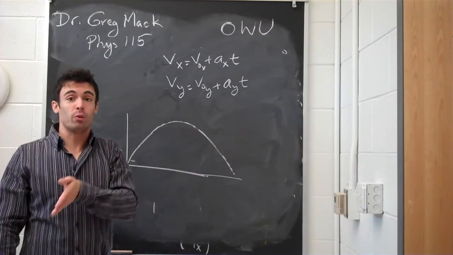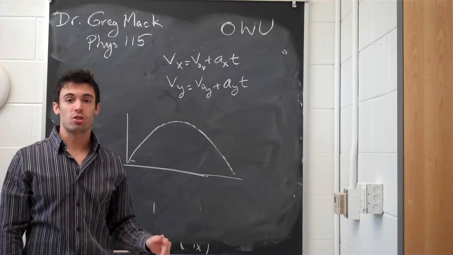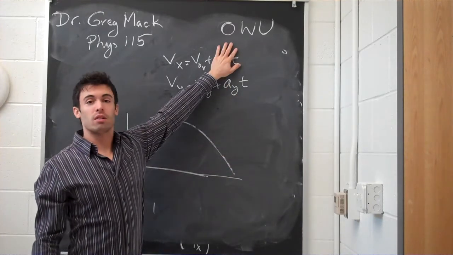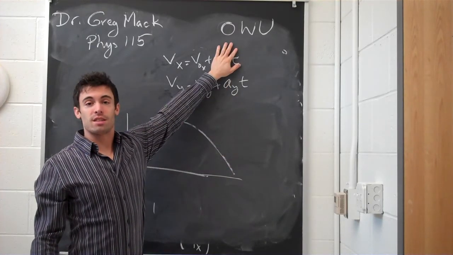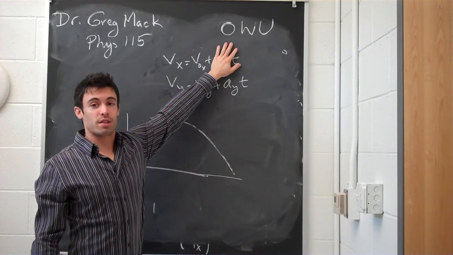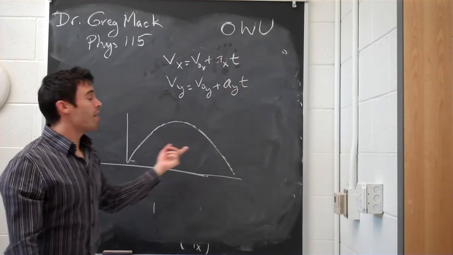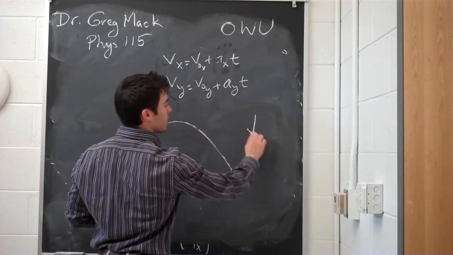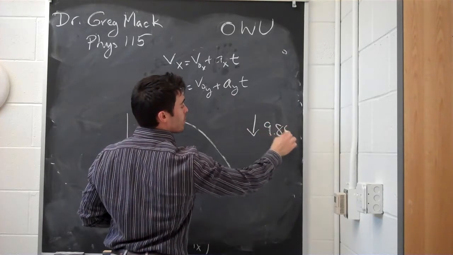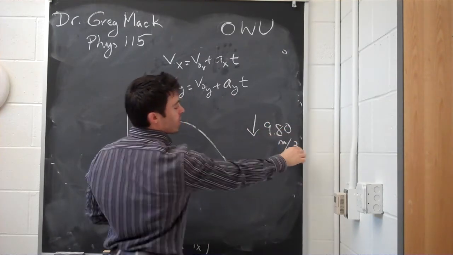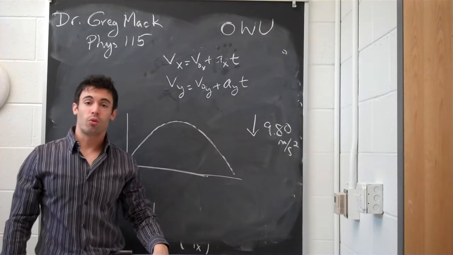It's the same in the middle as it was in the beginning, because it's not being changed. There's no a. So Vx is equal to V0x all the time. Nothing is happening. But gravity, we have 9.80 meters per second squared in acceleration down from gravity.